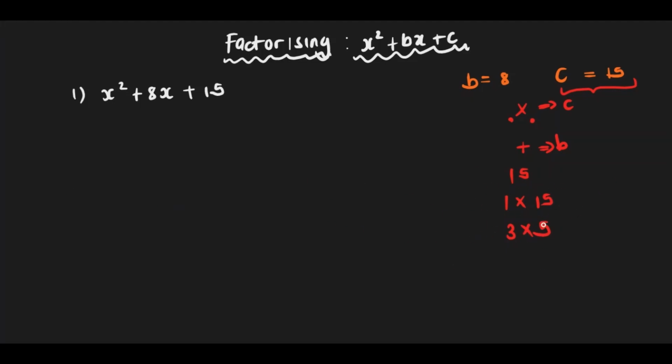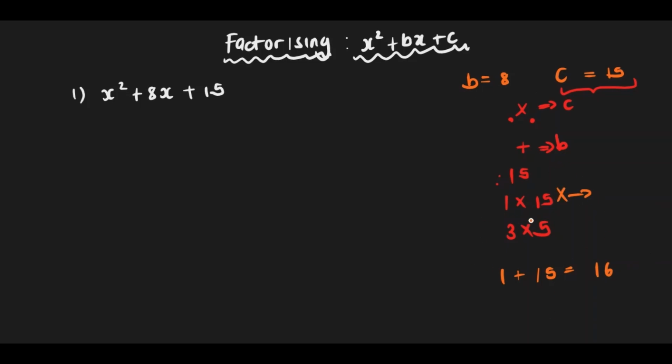After finding the factors of 15, we need to add them together. We know that when we multiply them together, we get 15. Now we need to check whether, when we add them together, we get 8. Let's take the first factors: 1 plus 15 gives 16. We did not get 8, so this pair does not work.